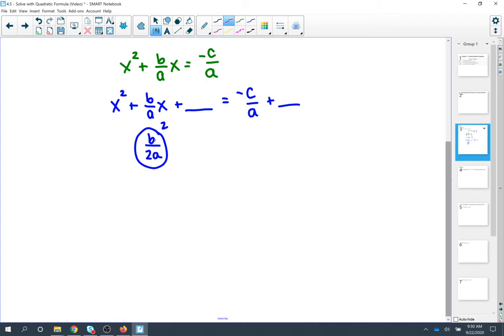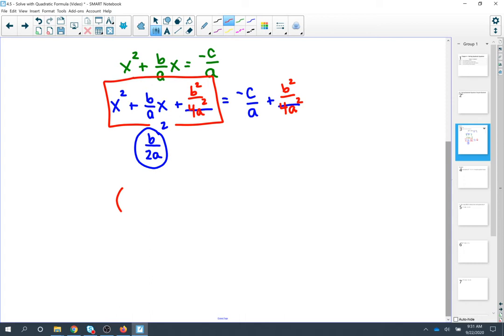Now, if you're squaring this, you're taking the numerator times the numerator and the denominator times the denominator, which is b times b, which is b squared, over 2a times 2a, which is 4a squared. And then if you add it on the left, we're going to add it on the right, which is b squared over 4a squared.